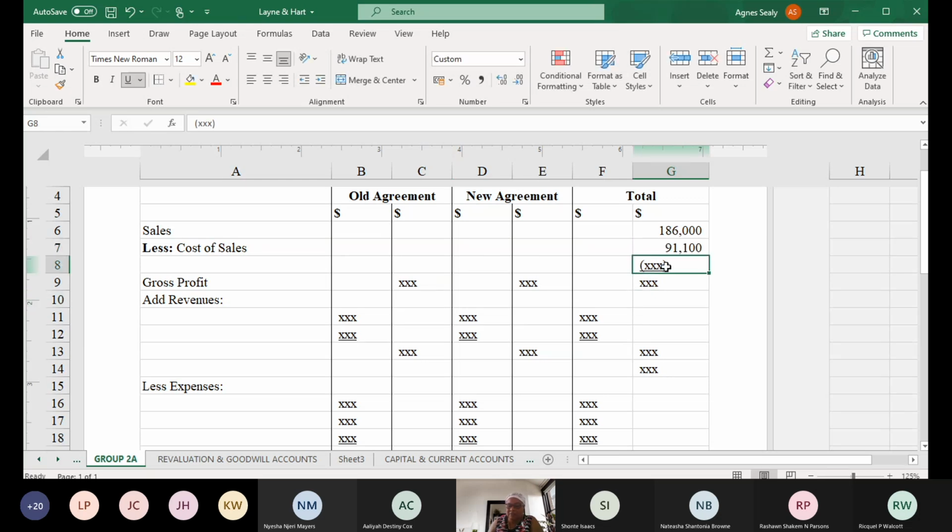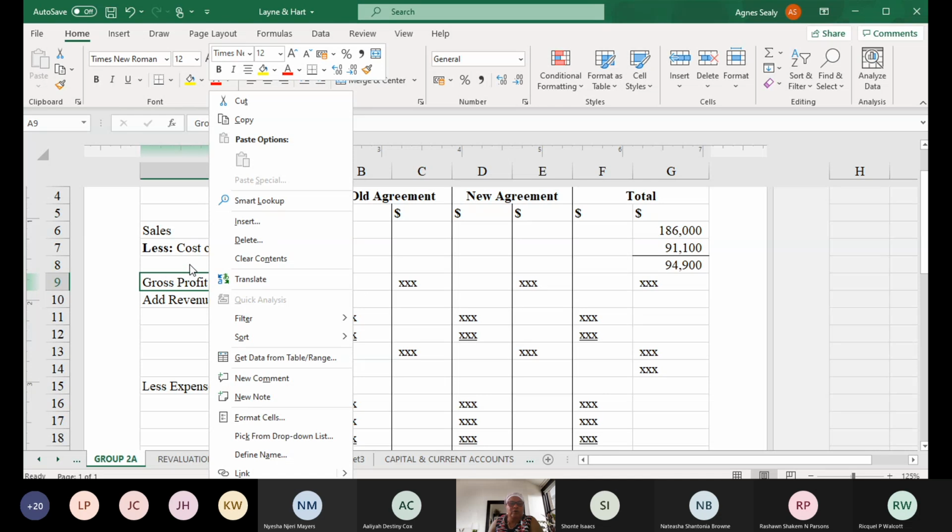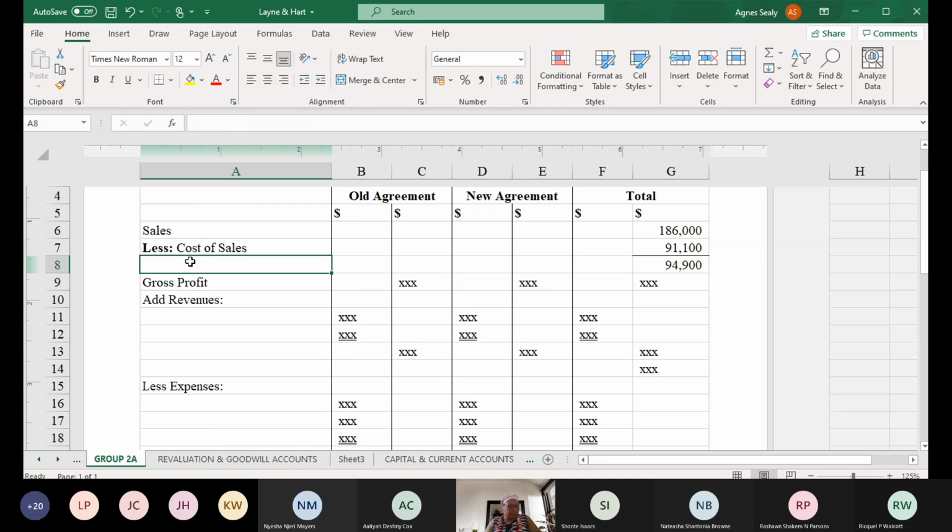When you subtract the cost of sales, you get 94,900 as your gross profit. So we have a gross profit of 94,900, and then we talk about splitting. That's the original gross profit.